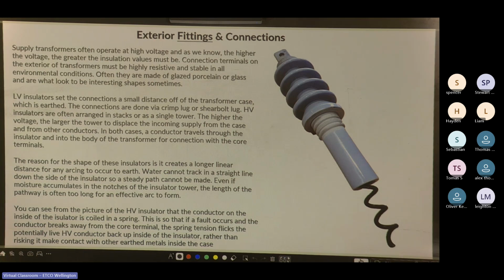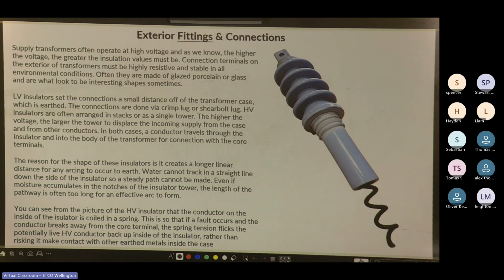A conductor travels through the insulator and into the body of the transformer for connection with the core terminals. The reason for the shape of the insulators is to create a longer linear distance for any arcing to occur to earth. Water cannot track in a straight line down the side of the insulator, so a steady path cannot be made. Even if moisture accumulates in the notches of the insulator tower, the length of the pathway is often too long for an effective arc to form.